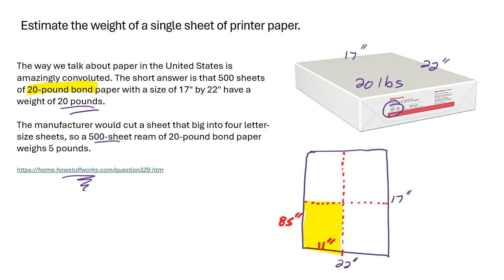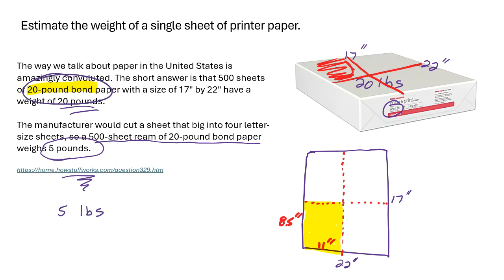Yeah, a 500 sheet ream of 20-pound bond paper would be 5 pounds because it would be 1/4 of that, right? We'd cut it like this and cut it like this, and this would be an 8.5 by 11 piece, which would be 1/4 of the weight, which would be 5 pounds. I didn't know that. How about that?